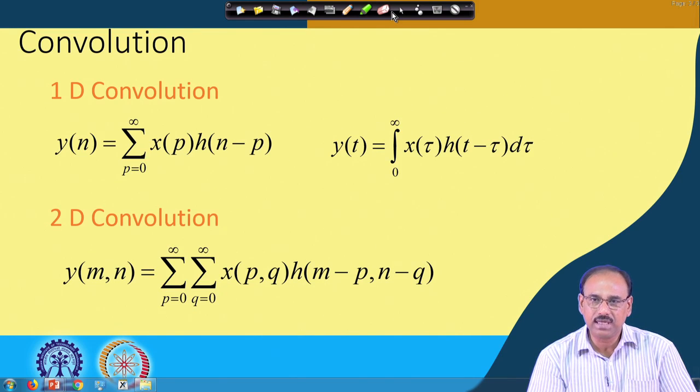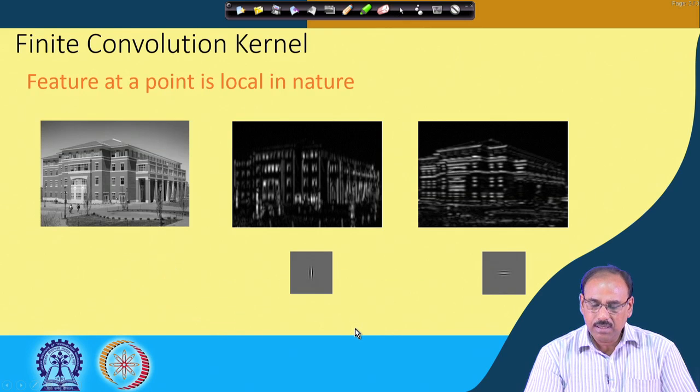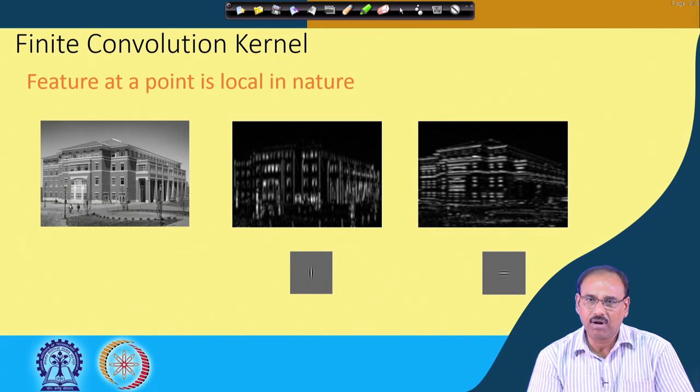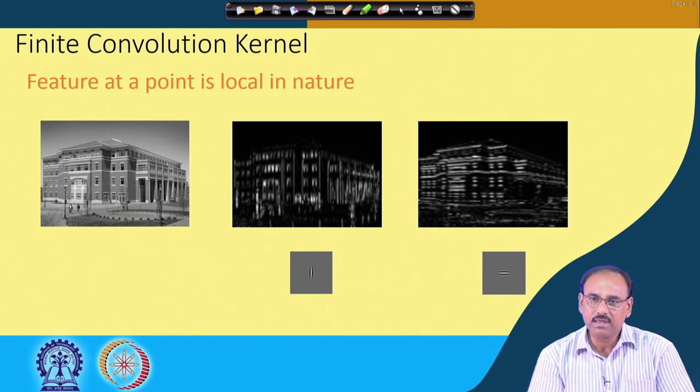And as we said, cross correlation and convolution are similar operations. The purpose of this convolution operation is to extract certain features within the given image. For example, I am interested in finding out whether an edge, be it a horizontal edge, a vertical edge or a diagonal edge, occurs at a particular location in the image or not.